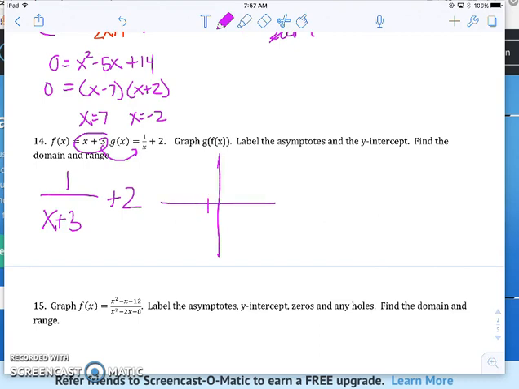Plus 3 moves our asymptote because this is a shift on the parent function, up 2. And let's see, what would our y-intercept be? So our y-intercept, we plug in 0, so 1 over 0 plus 3 plus 2, so 1/3 plus 2. So right here, 2 1/3.